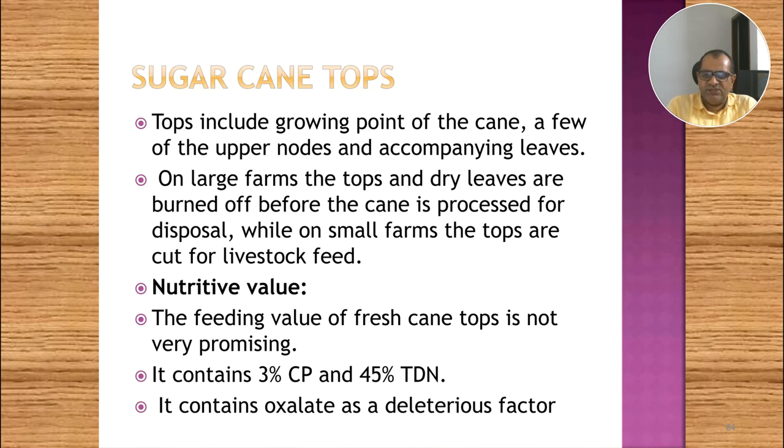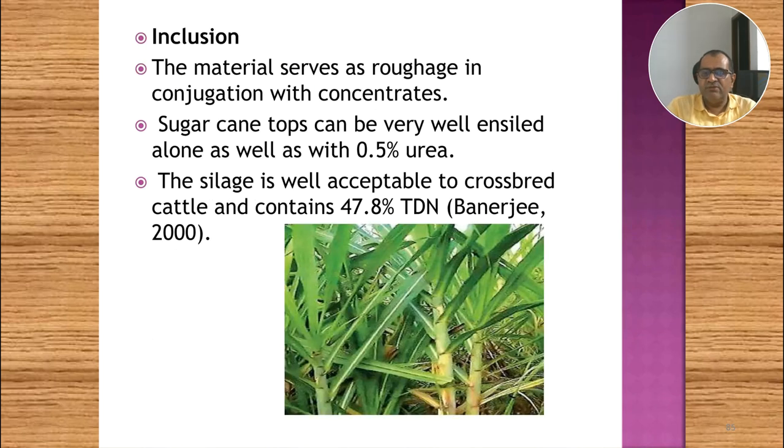So it contains very little crude protein, 3%, but the digestible nutrient is 45%, but it contains oxalate as the deleterious factor. So the sugarcane top can be included to the extent of maximum 30% only. So this can also be made as silage.